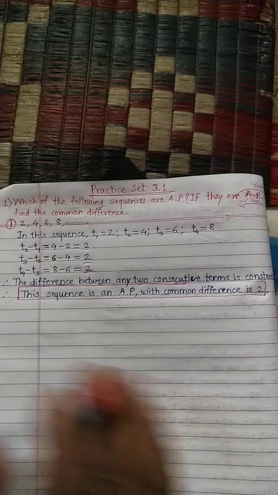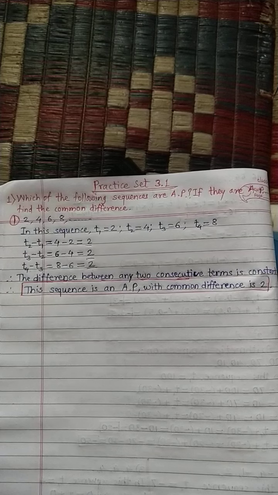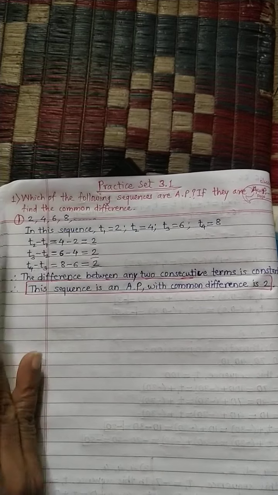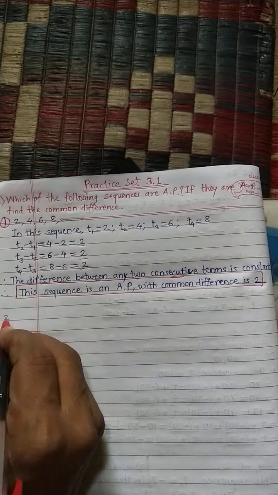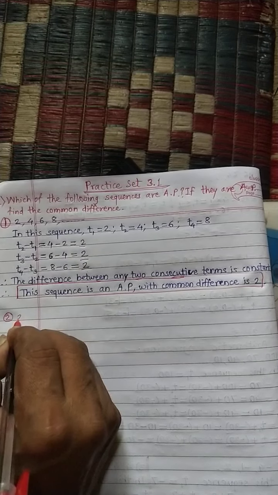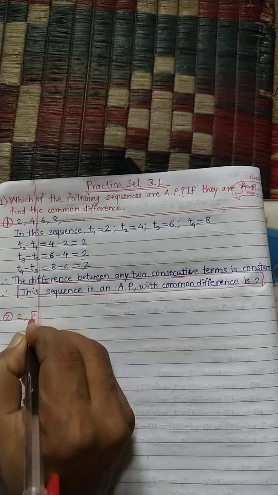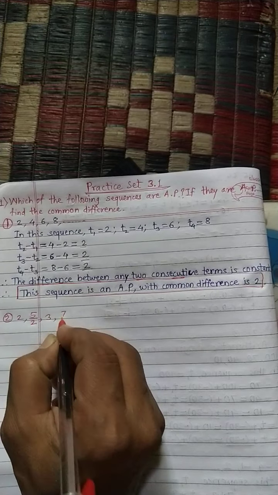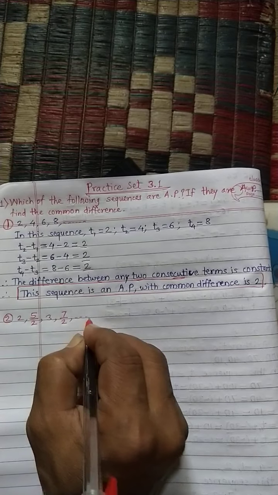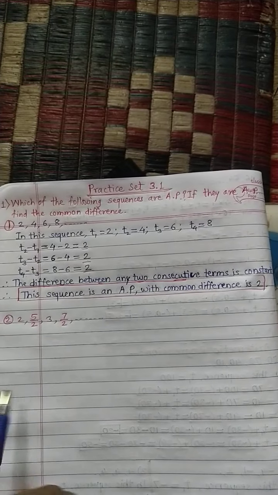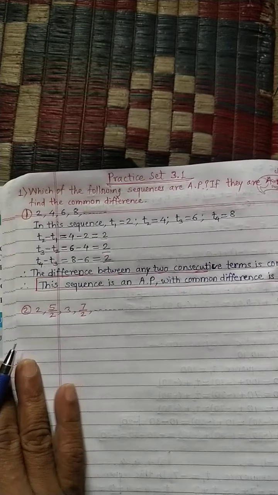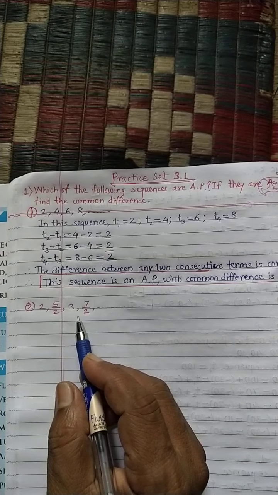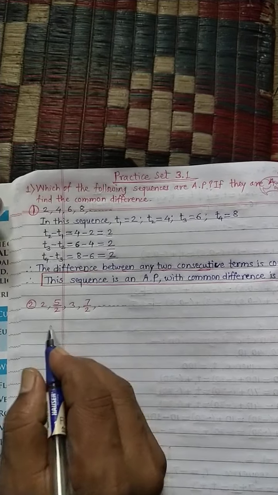Got it? Now the second example, which has fractions also: 2, 5/2, 3, 7/2, and so on. So first of all we have to identify the first term, second term, third term, fourth term, that means T1, T2, T3, T4 in this sequence.